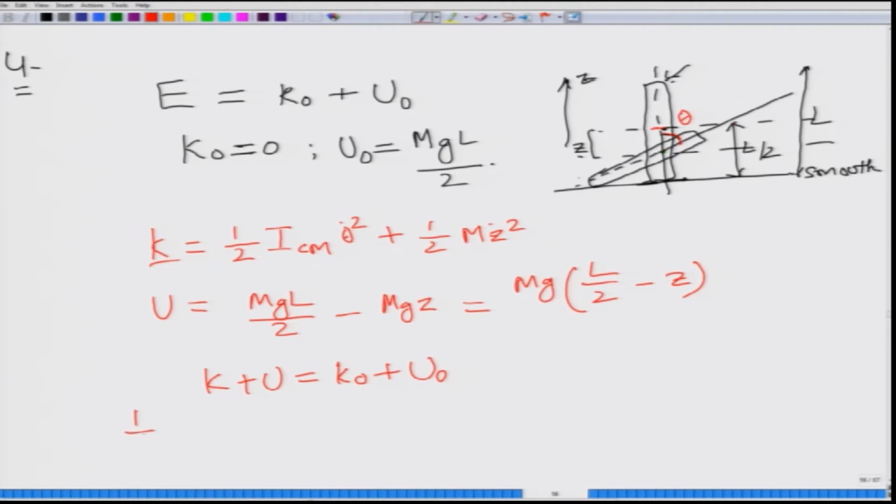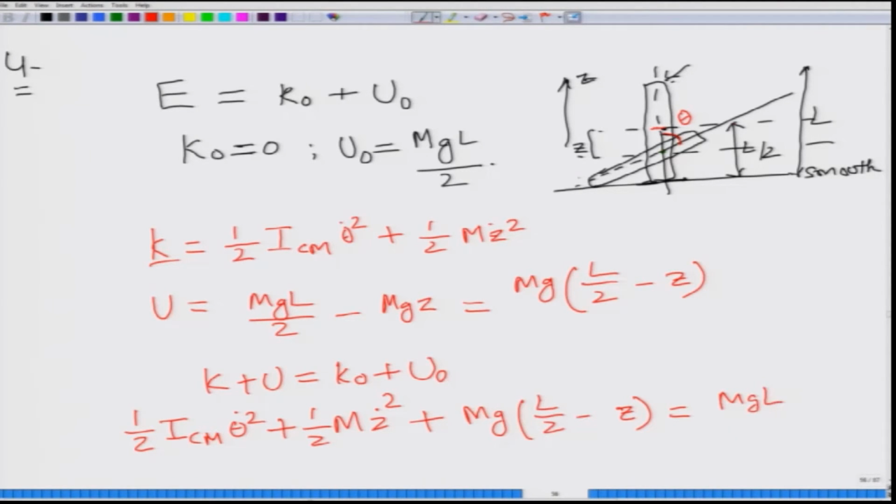So, that is half I_CM theta dot square plus half m z dot square, z dot is the velocity in the vertical direction, plus U. So, U will be mg (L/2 minus z) is equal to, here kinetic energy K naught is 0, 0 plus mgL by 2.